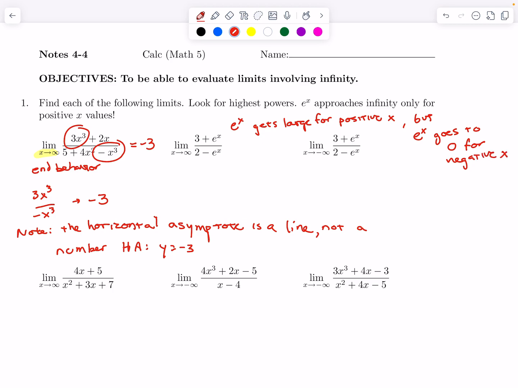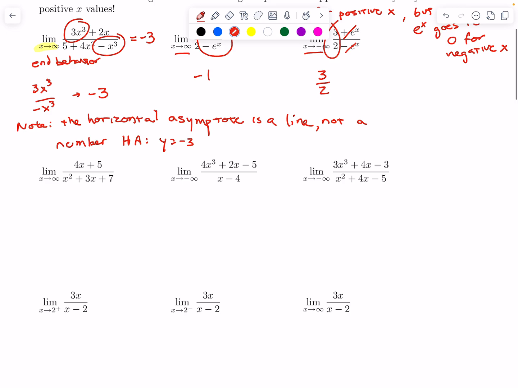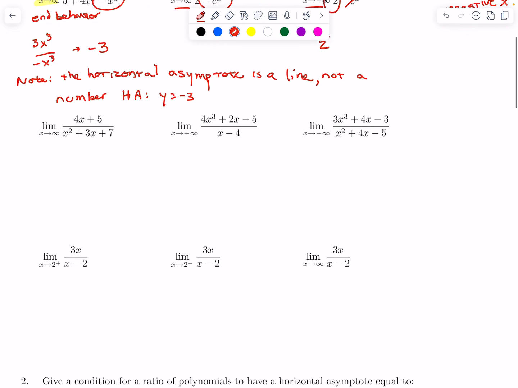So if I'm looking at x going to infinity, this is the ratio, and it's -1 for the limit. If I look at x going to negative infinity, these become small, and I'm looking at 3/2 instead. So you got to be careful with e to the x. It's not a polynomial. If I look at this, the limit goes to 0 if there's a higher exponent on the bottom.